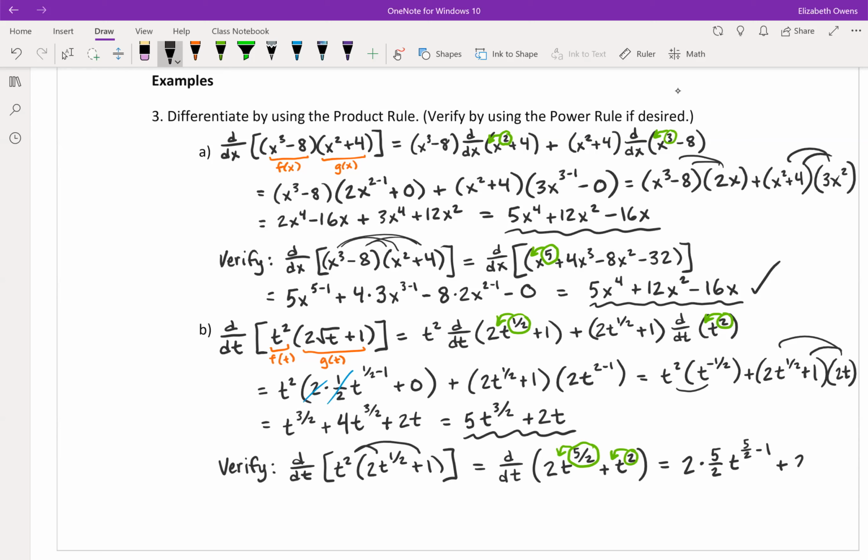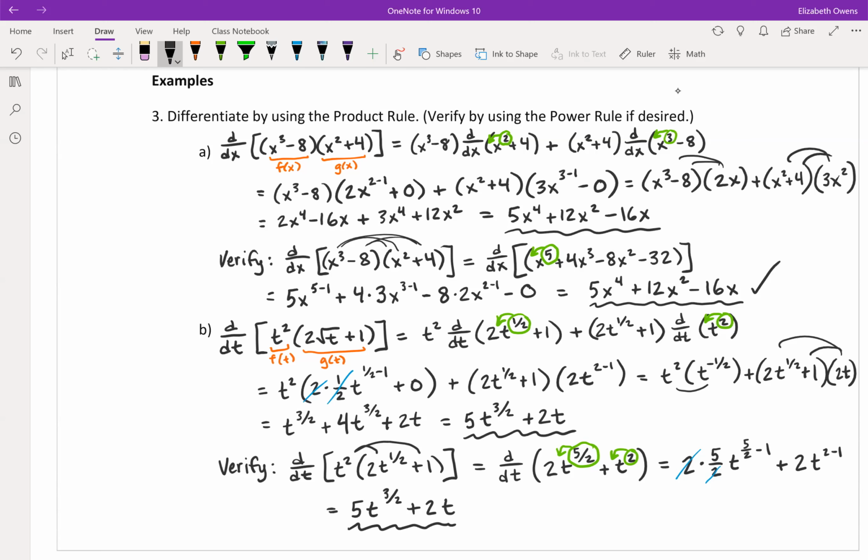So plus 2t to the 2 minus 1 power. Okay, so to clean this one up, we can cancel some 2's right there. And we're going to end up with 5t to the, 5/2 minus 1, that's 5/2 minus 2/2. So that is 3/2 power. And plus 2t to the 2 minus 1, which is just 1.